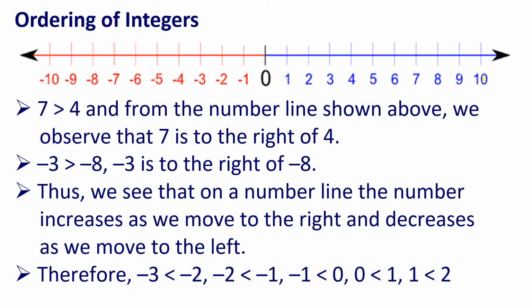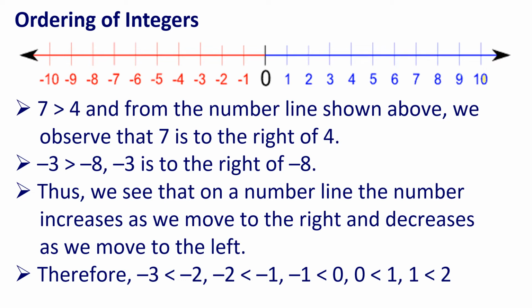Ordering of integers. Now children, the number line is shown. We know that 7 is greater than 4, and from the number line shown above, we observe that 7 is to the right of 4.